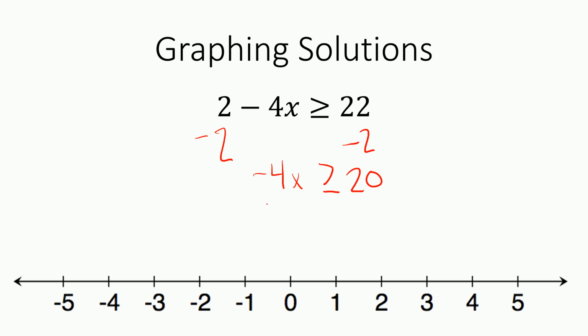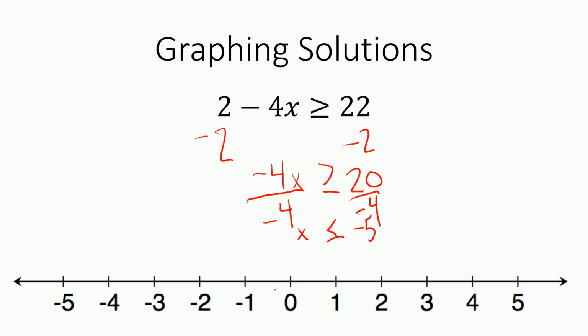And then of course, when I divide by negative 4, so that's my next step, I'm going to make sure that I flip the inequality symbol. So now x, instead of being greater than or equal to, is less than or equal to negative 5.